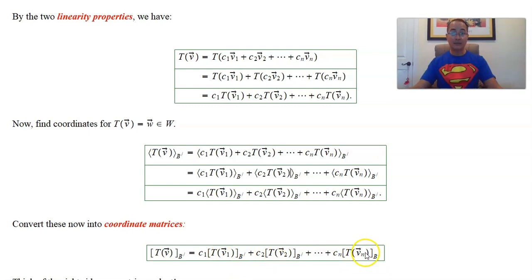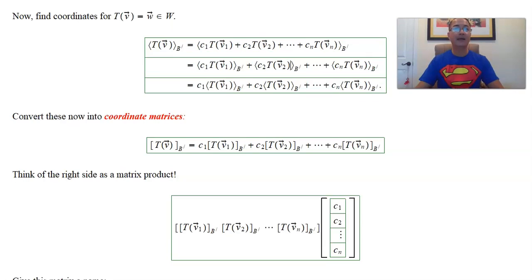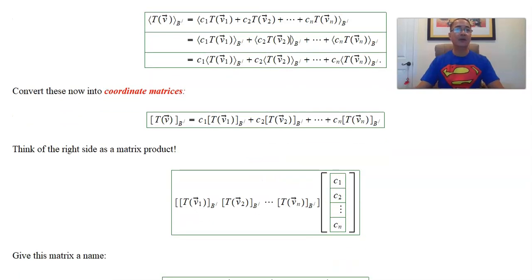Put these column matrices into a single matrix, and put the coefficients vertically into a coordinate matrix. So there it is. This right side is, that's column 1, that's column 2, and the coefficients into a single coordinate matrix.